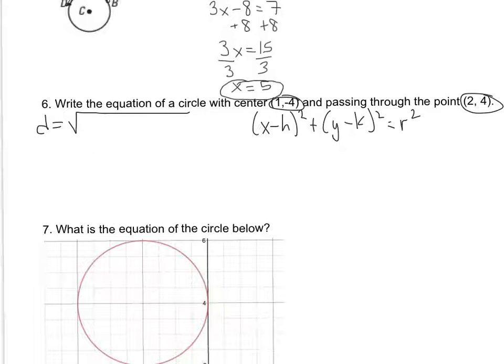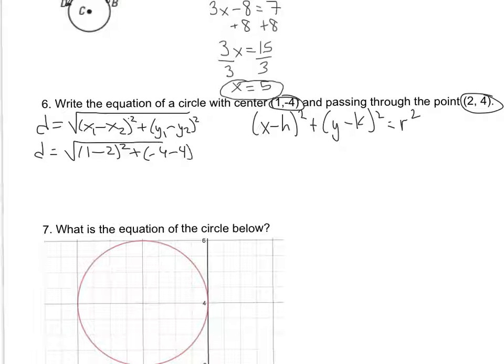So if you remember what the distance formula is, it's (x1 minus x2) squared plus (y1 minus y2) squared. So if I find the distance between the center and the other point, it would be (1 minus 2) squared plus (-4 minus 4) squared.